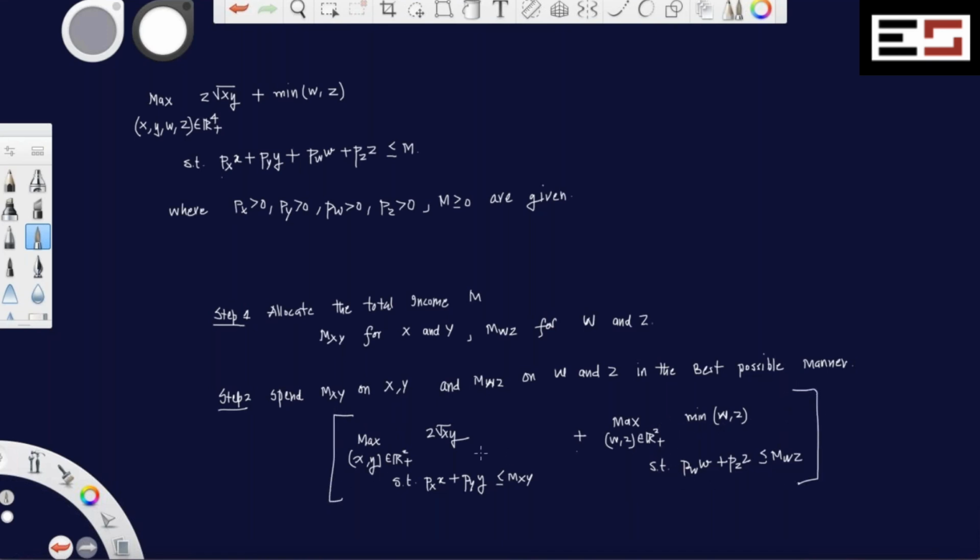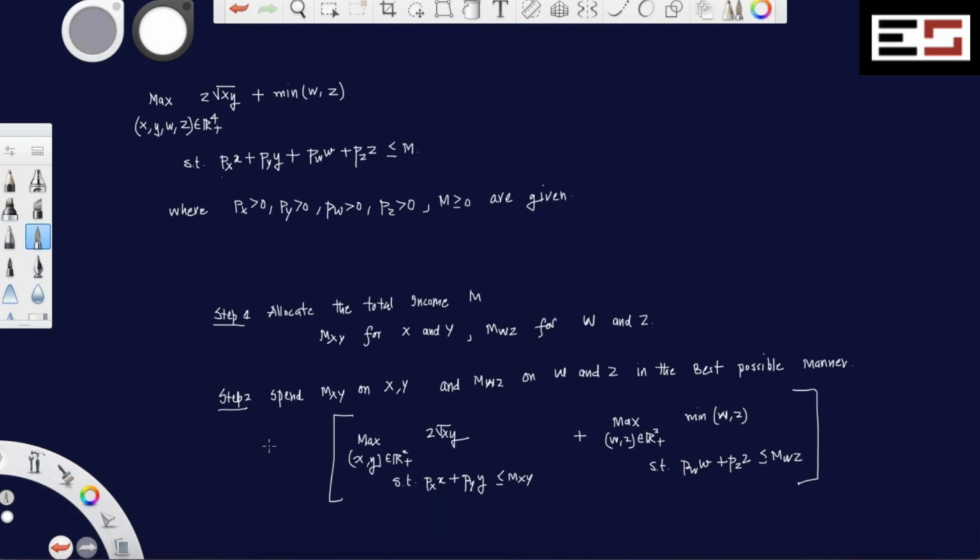And then when you solve these two problems, the solution to this problem will depend on only MXY and PX and PY, and therefore the objective will only depend on MXY and PX and PY. Here also, when you find the solution and plug it into the objective, it will only depend on MWZ and PW and PZ, okay.